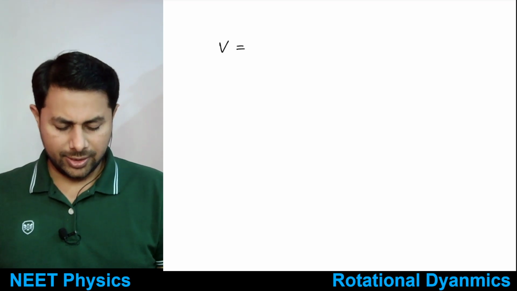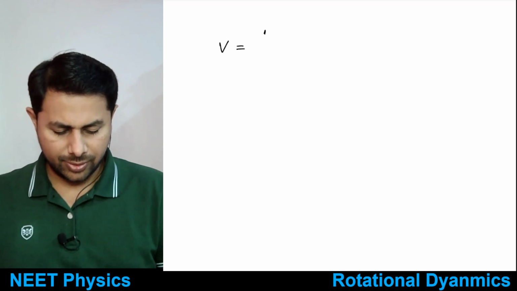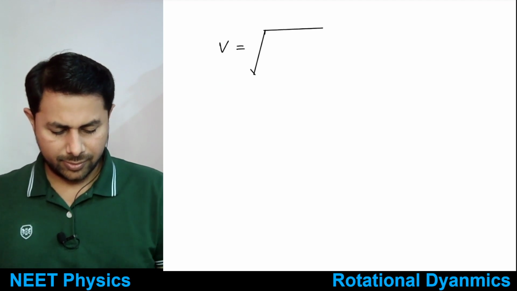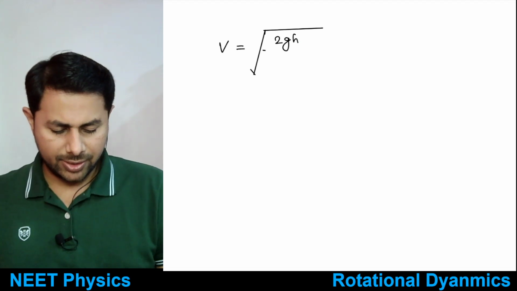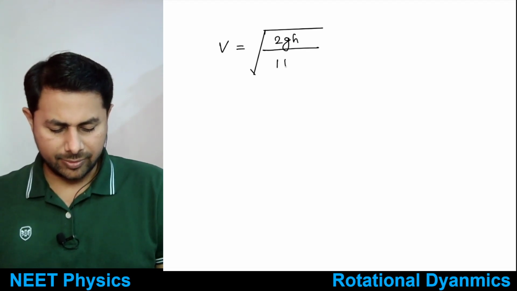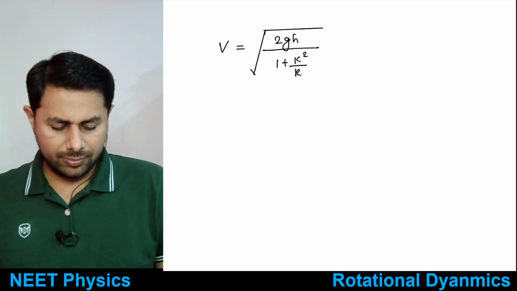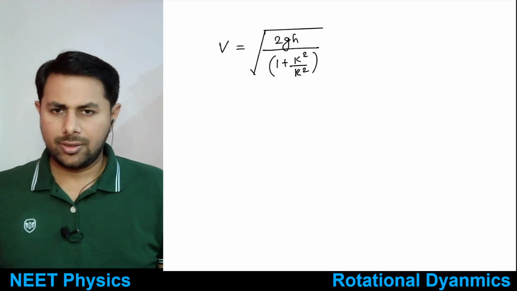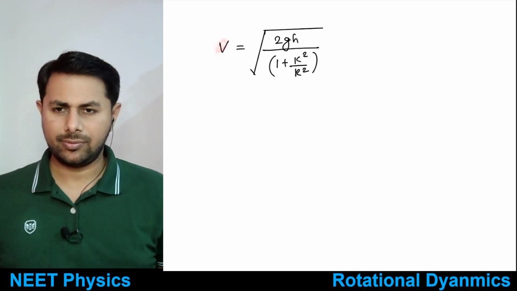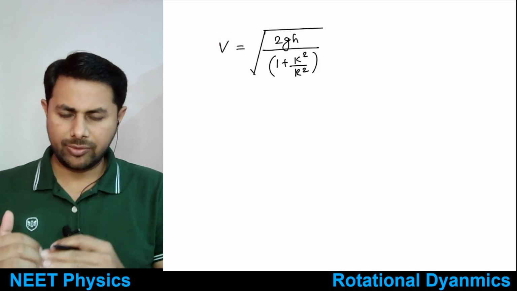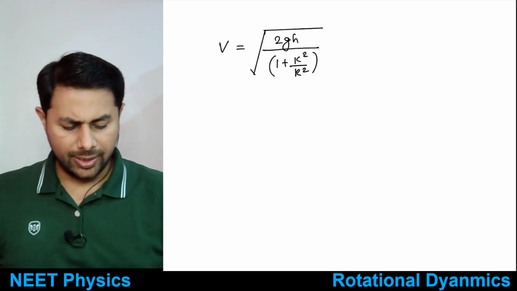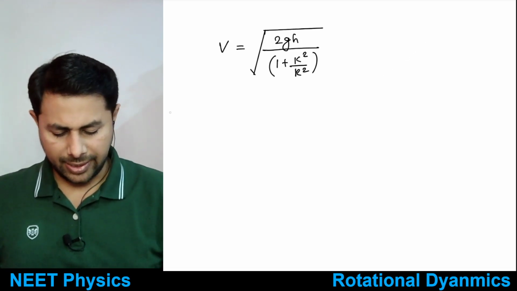It is equal to the square root of 2gh divided by 1 plus k square by r square, right? So suppose this is the initial velocity now, because it starts with some velocity, rolls and goes to the height h. Okay, and then you have this relation between h and s.